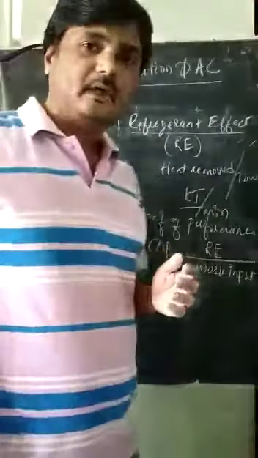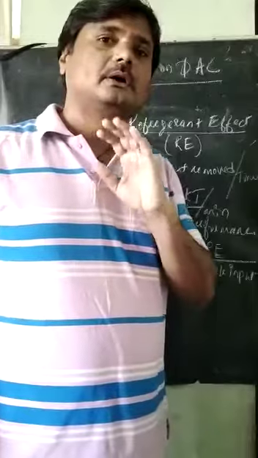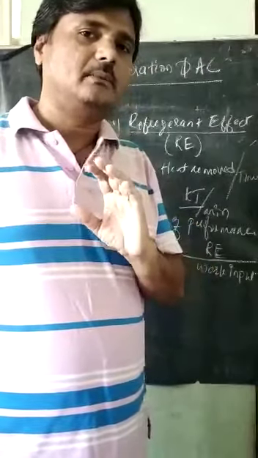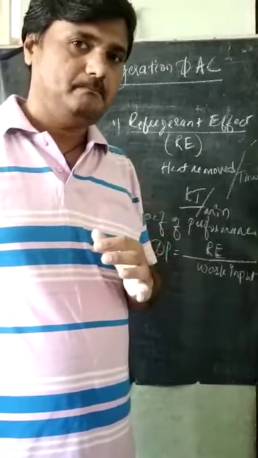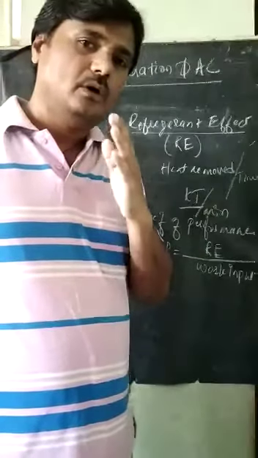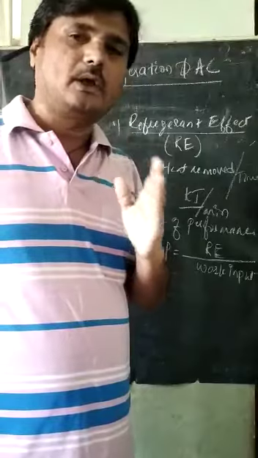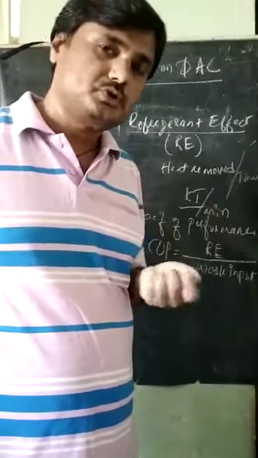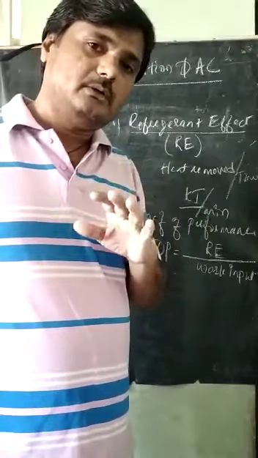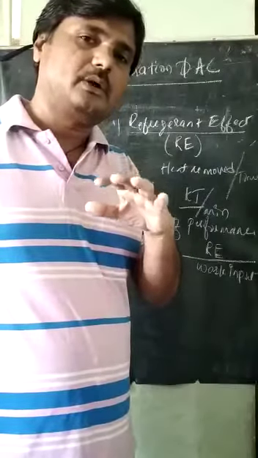Work input means, as I have told, that to maintain a temperature which is less than the atmospheric temperature, we have to supply work to remove the heat from the low temperature zone to the high temperature zone. We are supplying work from an external agency.